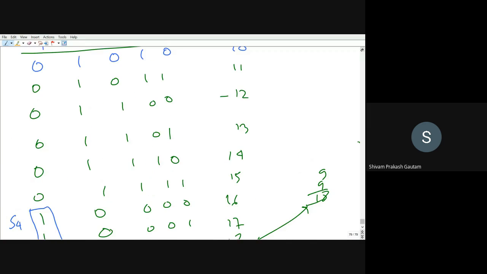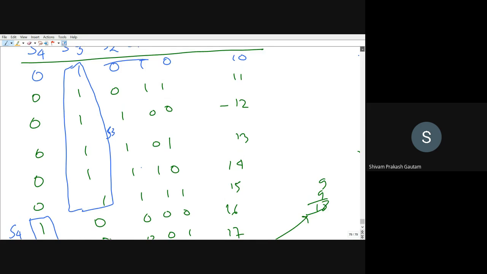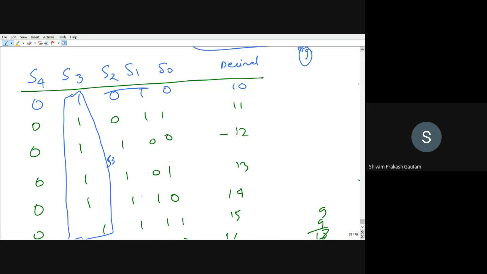And the second logic, you have to develop a logic between these numbers, right? What can be the second logic? The second logic that you are seeing is S3 is always high. If you observe S2 and S1, if you take the sum of it, then our logic will always be high.